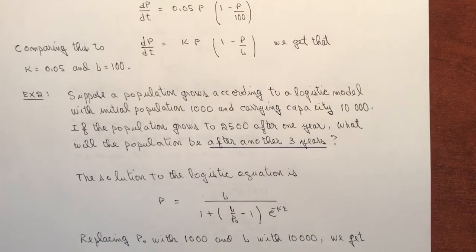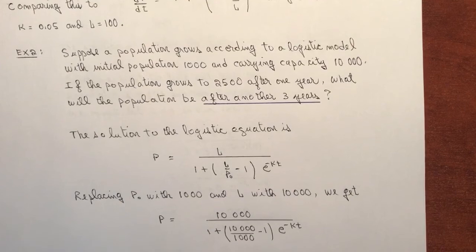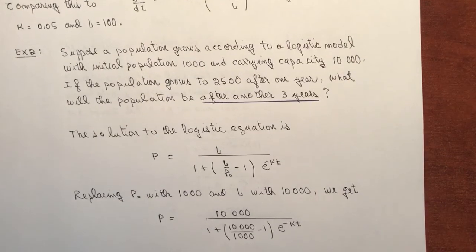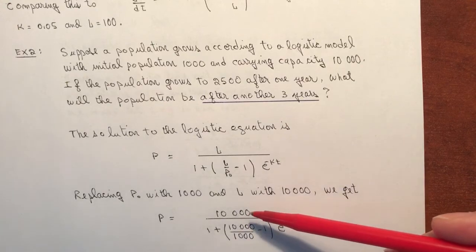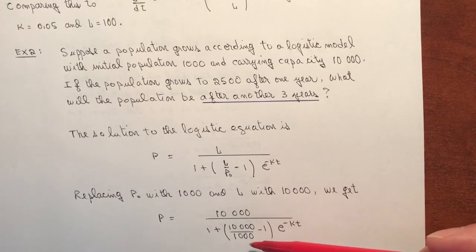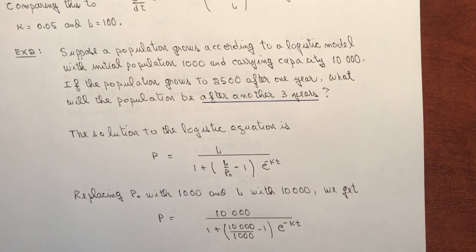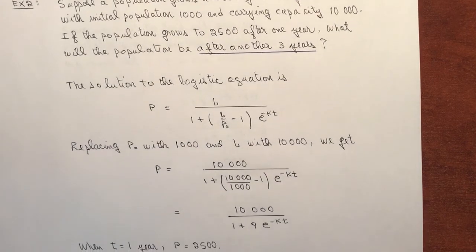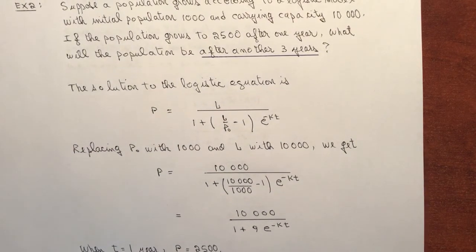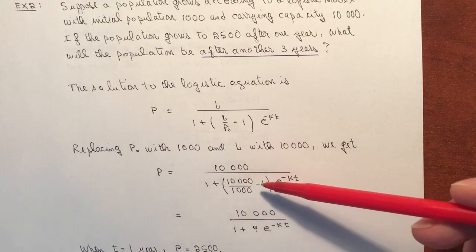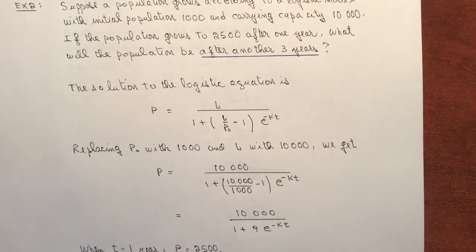And then we're going to replace P0 with 1,000 and L with 10,000 right back into this equation. So we'll get 10,000 on top, and here we're going to get 10,000 divided by 1,000. So we'll simplify this nicely. This is 10 minus 1, so it's just 9 e to the minus kt.